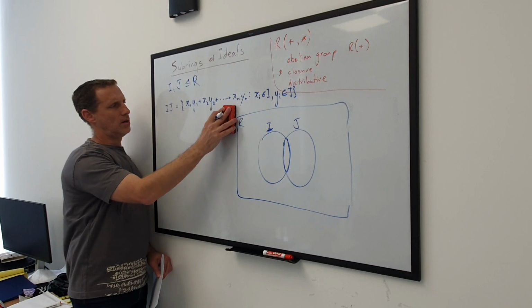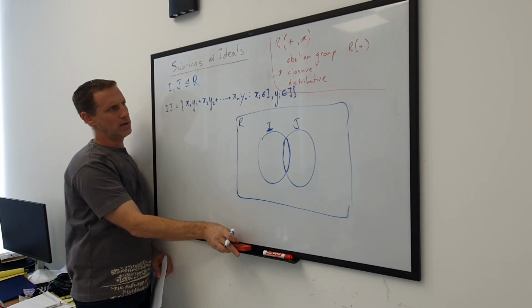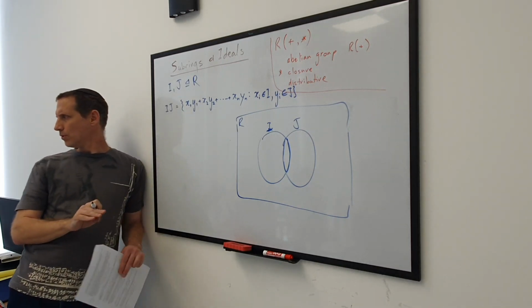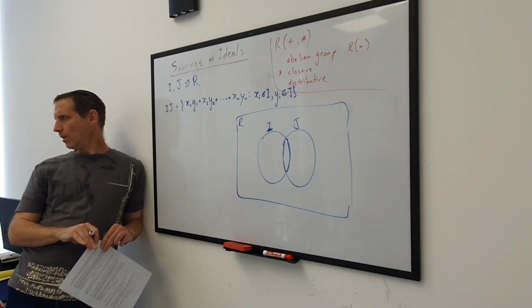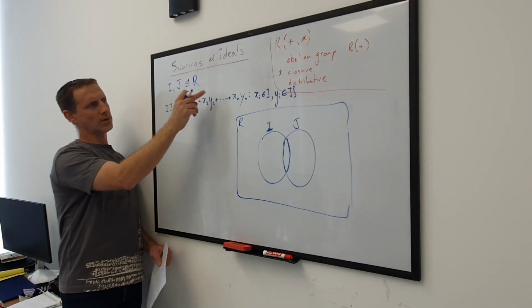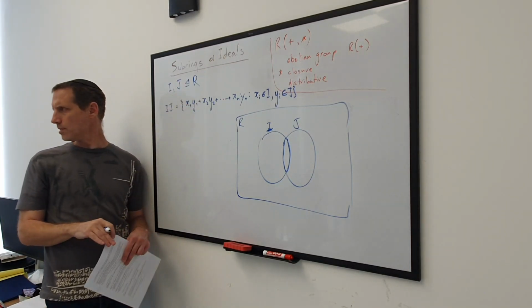So we need to show that this is an ideal. By definition, because you've got all the sums, you can see already that it's a subgroup.